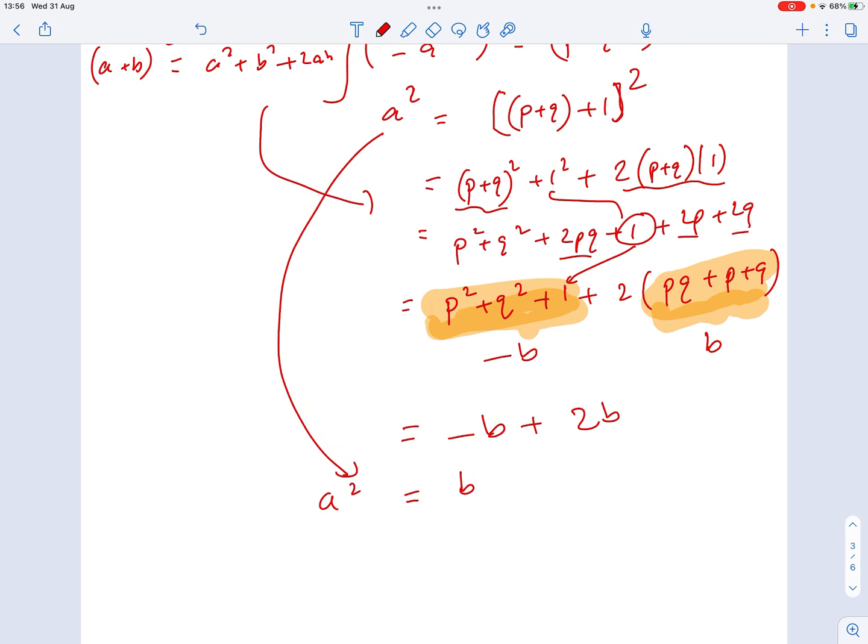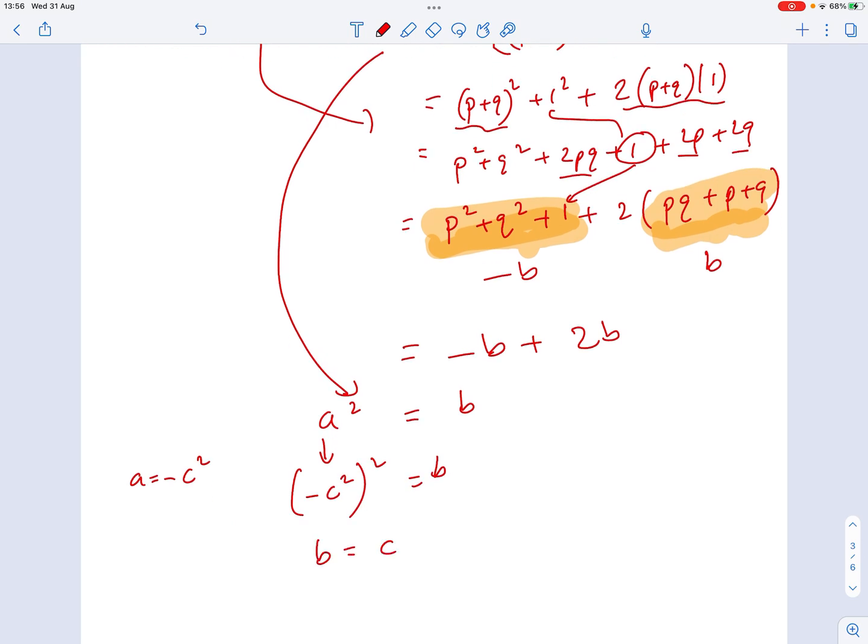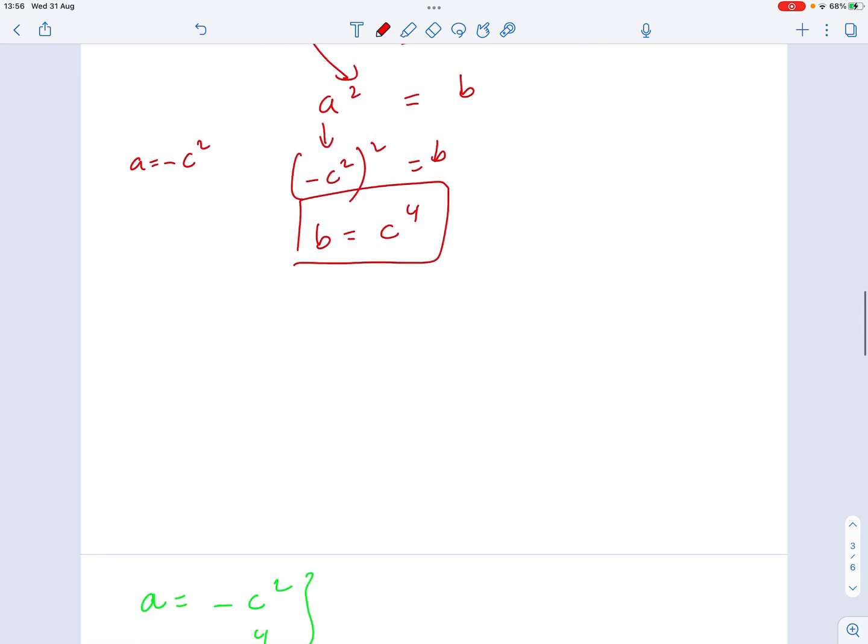Well, we know what a squared in terms of c is, right? A was minus c squared, actually. So a was minus c squared from the top. So minus c squared all squared equals b. Therefore, we get b equals c to the 4. Okay.